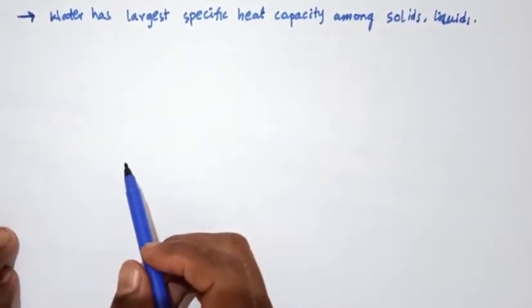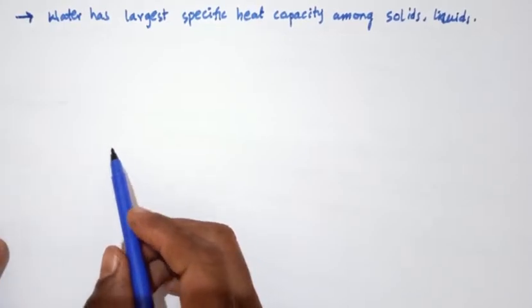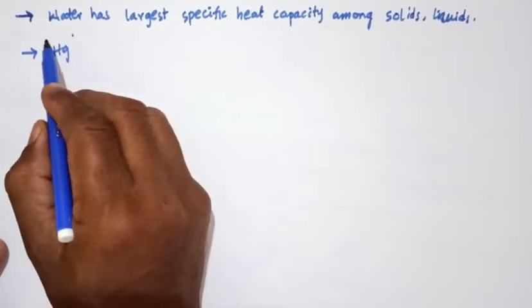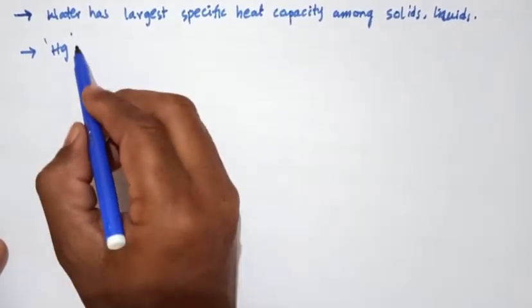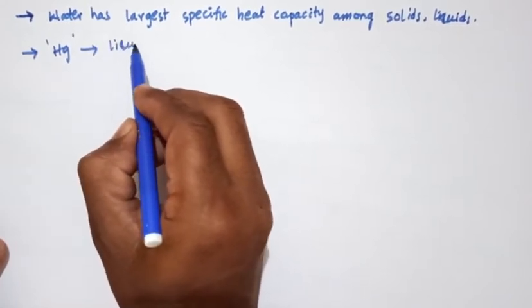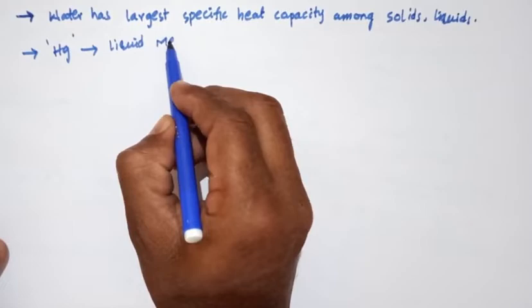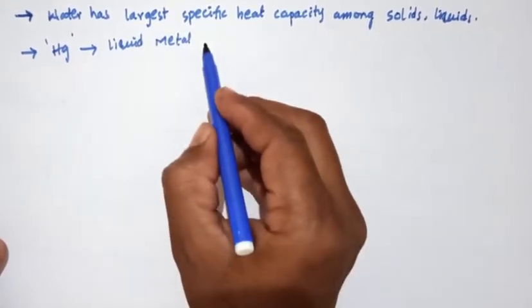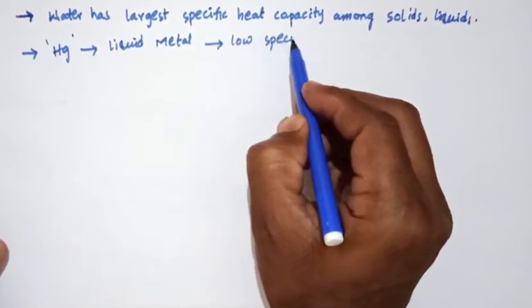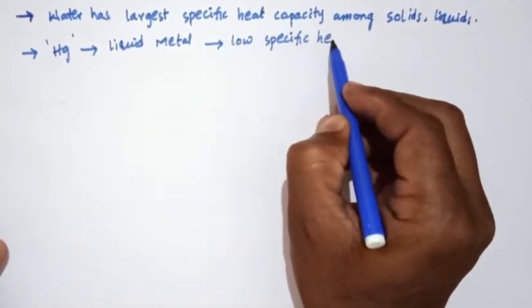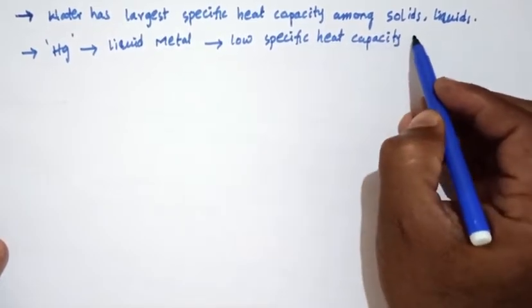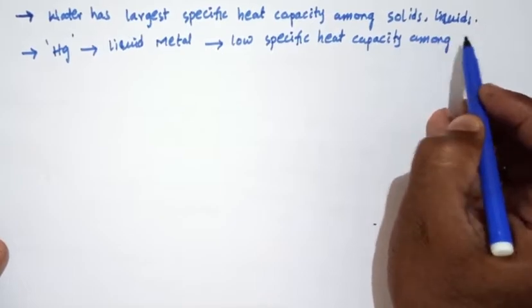Among liquids, the specific heat capacity is minimum for mercury, which is a liquid metal.